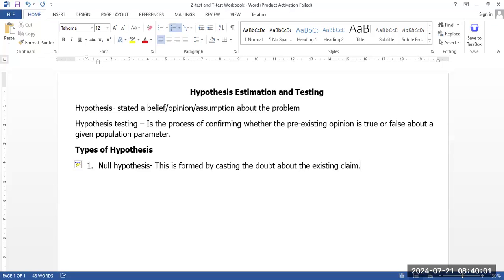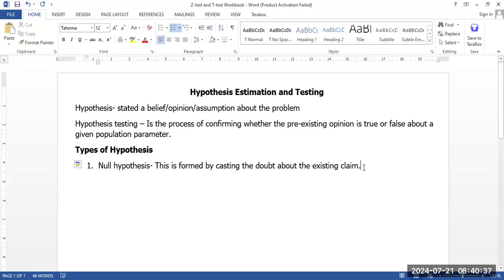So what you state is your null hypothesis. The process we follow is to confirm whether what you stated is true or false. As we do testing, we are trying to confirm the null hypothesis.